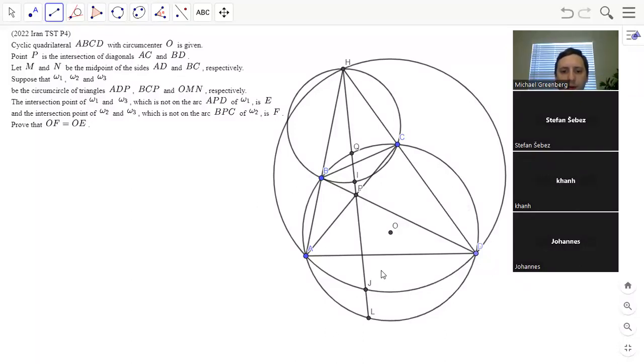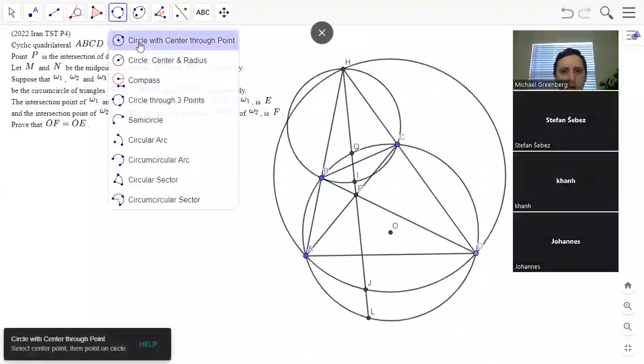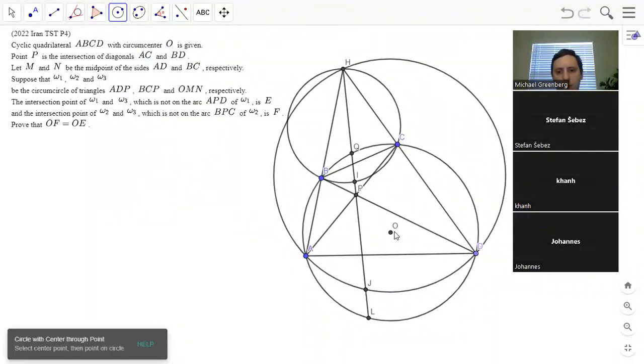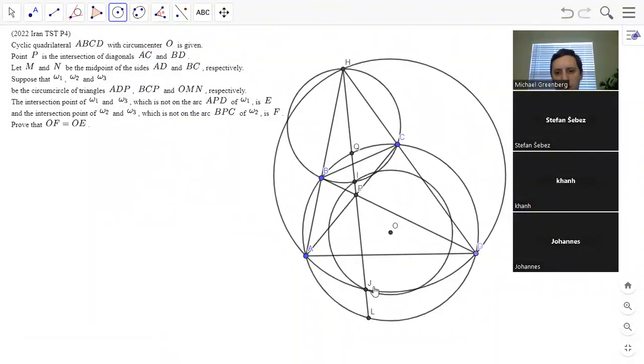It still might be useful to extend these two, actually. Let's see. Are there any congruent?